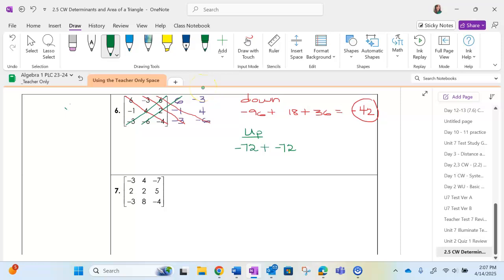Last one, you always do 3 downs and 3 ups. -4 times -1 is +4. 4 times -3 is -12. So -72 minus 72 minus 12 is -156.